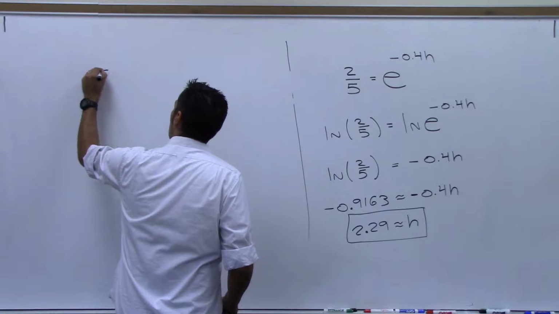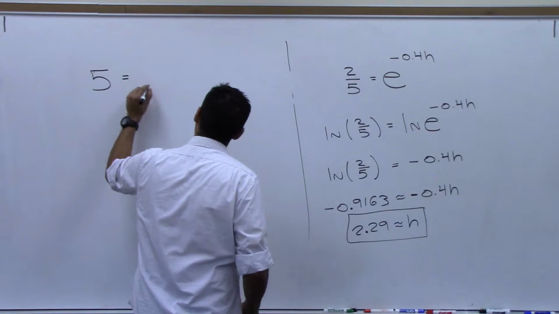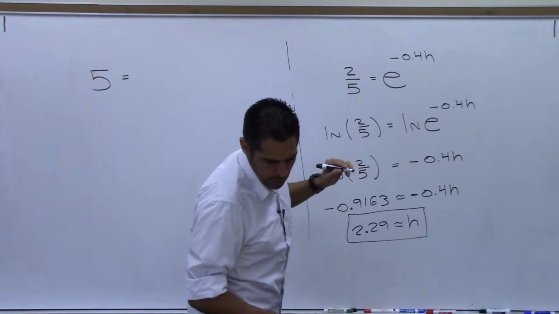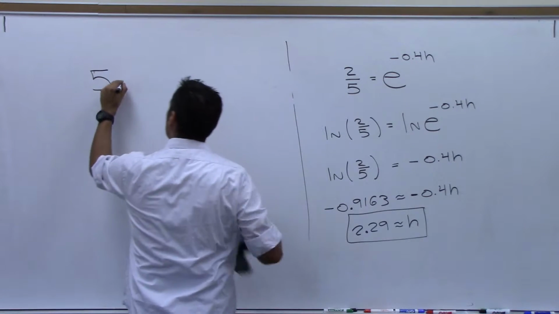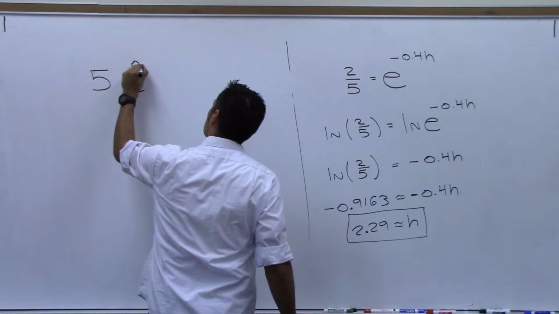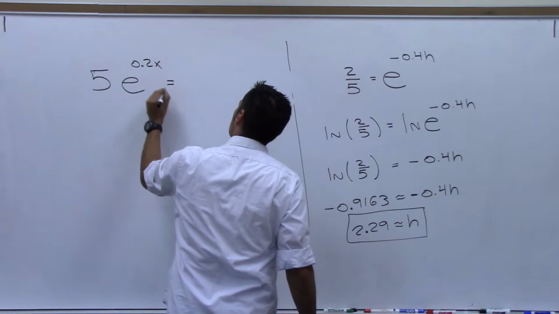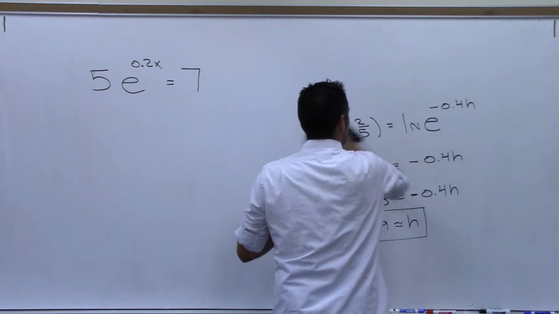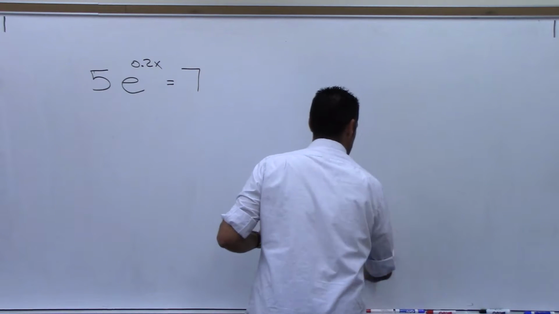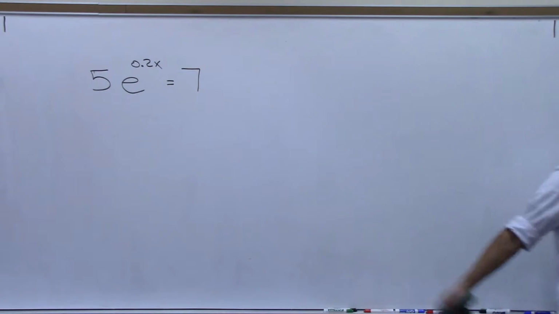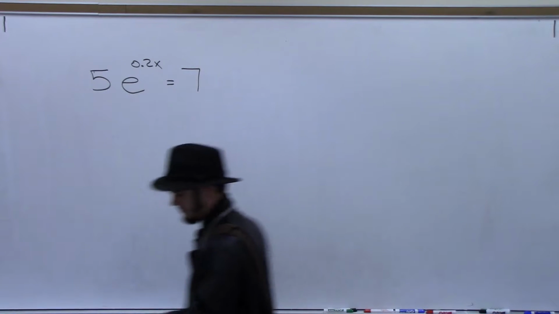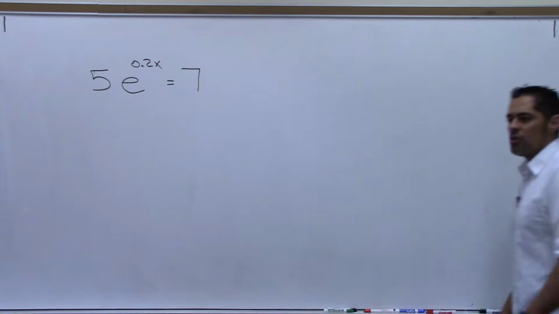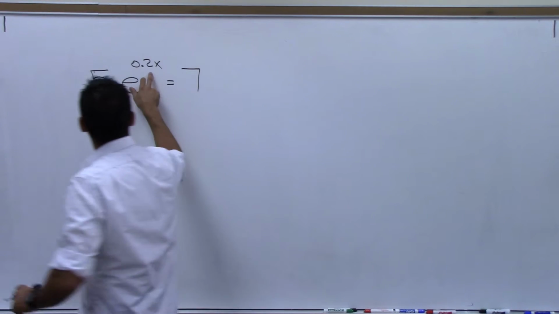So 5e to the, is it 0.2? Yeah, 0.2x equals 7. So again, trying to get the x out of the exponent.